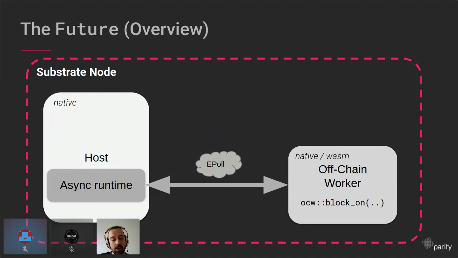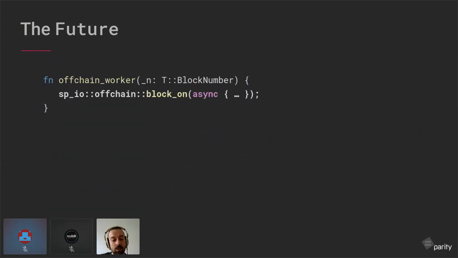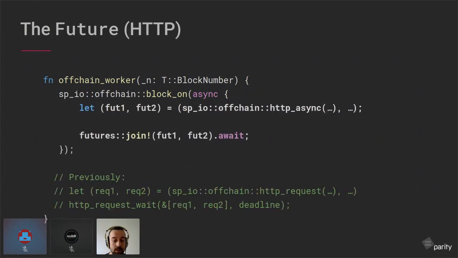Now on the API surface, we'll introduce a new block_on function. This will block on the execution of an asynchronous piece of logic. It's worth noting that it works with a regular Rust future type, such as an async block or an async function call. With this, we can use the familiar Rust async/await syntax, removing the need for a substrate-specific future-like HTTP API.